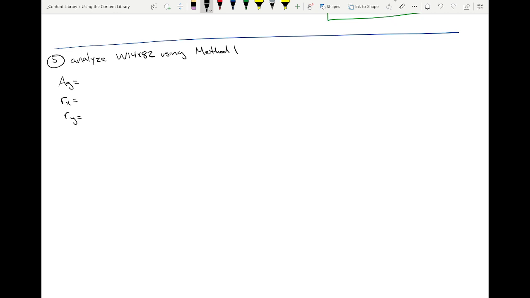So we have AG, RX, and RY. Now we know that this is 24, 6.05, and 2.48. First off, you should at least be able to see the gross area and the RY from the bottom of the page, but RX isn't reported.